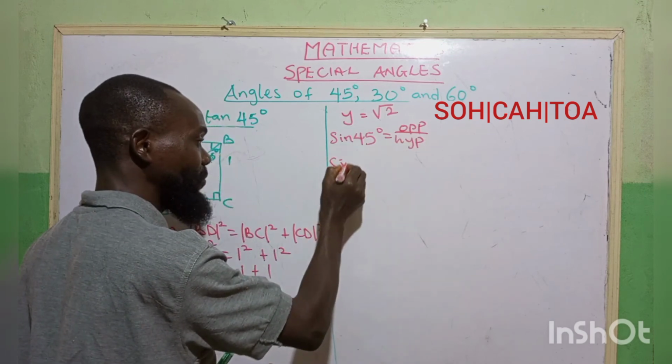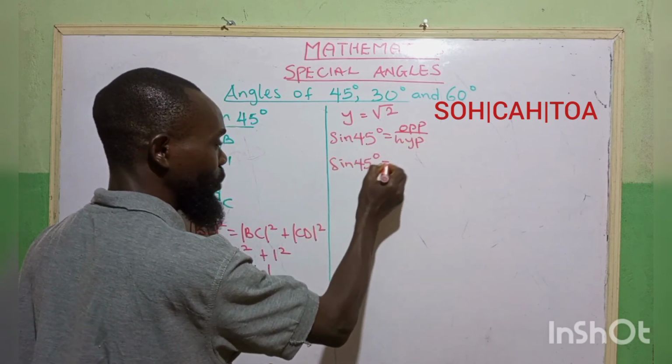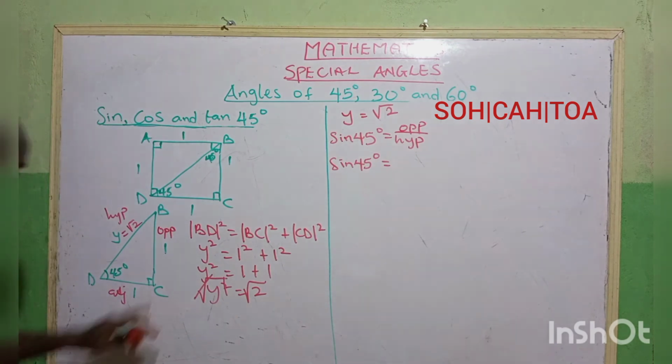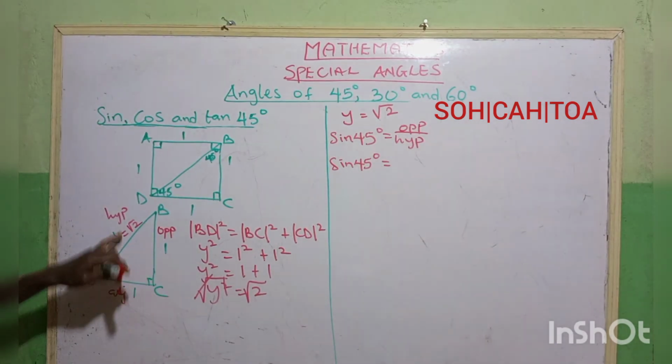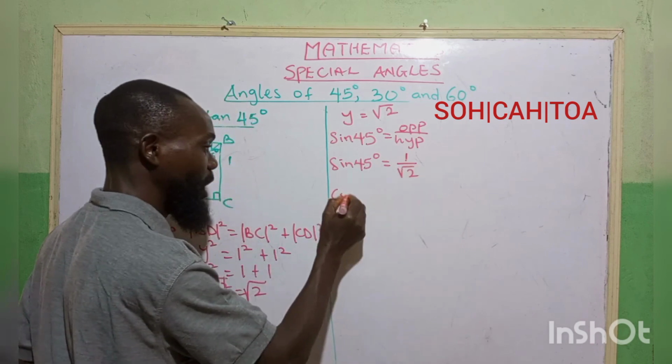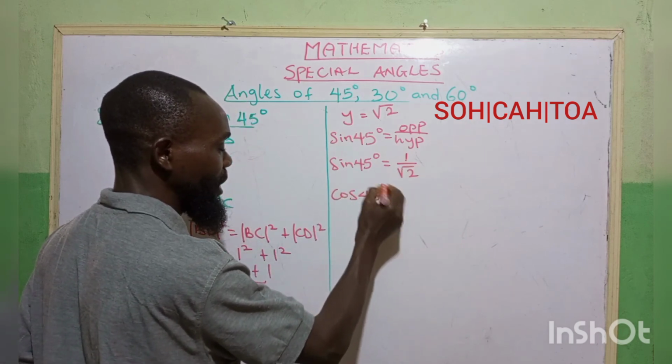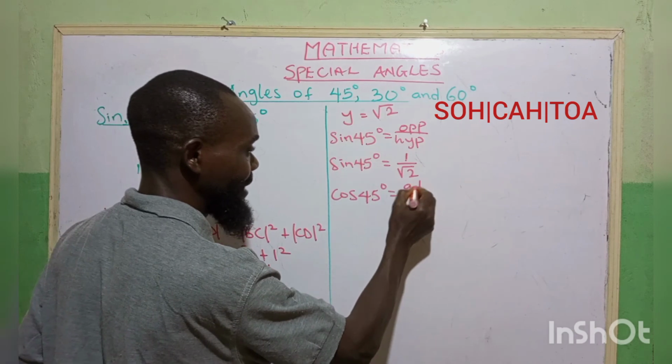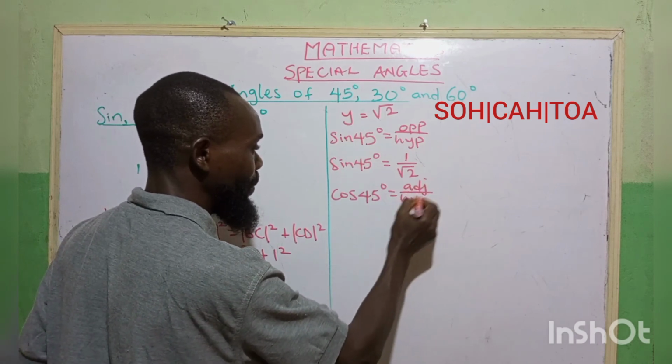That is, sine 45 degree equals, our opposite from here is 1, our hypotenuse is root 2. 1 over root 2. Then cos 45 degree equals adjacent over hypotenuse.